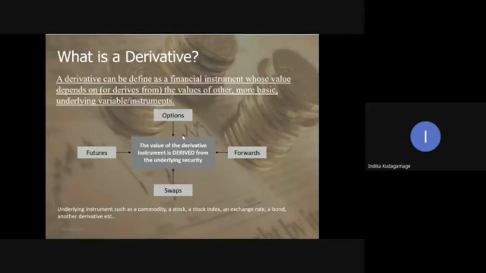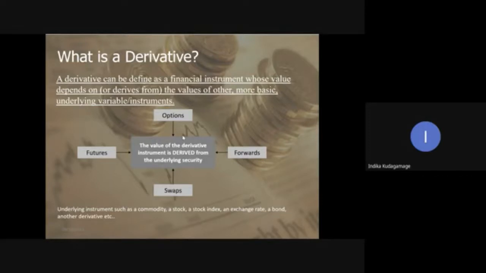So I have peace of mind. Similarly, if the prices go up, the investor can reap the benefit. He can buy my chicken at 200 rupees and sell it at a higher price. So that is the derivative. It is a forward contract.